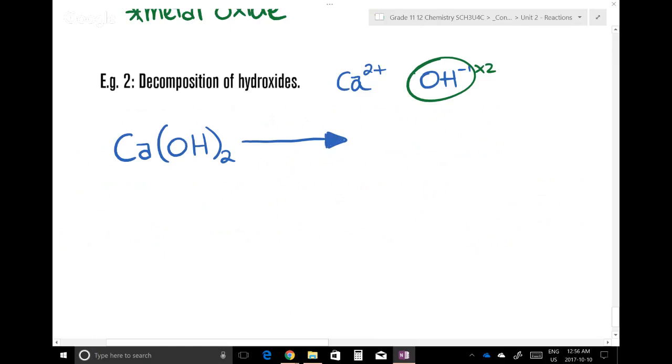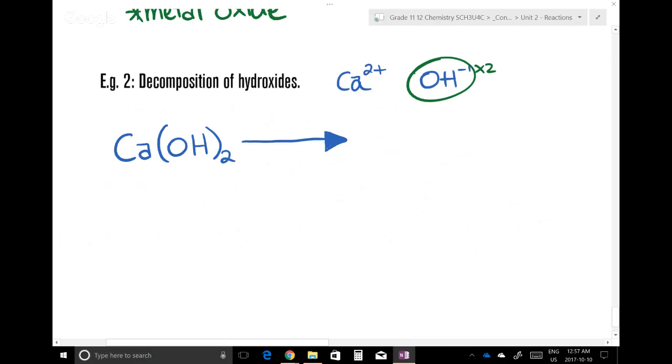Well, obviously, the calcium is going to be somewhere, but we have hydrogen and oxygen to release. What do you think it might release? What's a stable compound that involves hydrogen and oxygen?